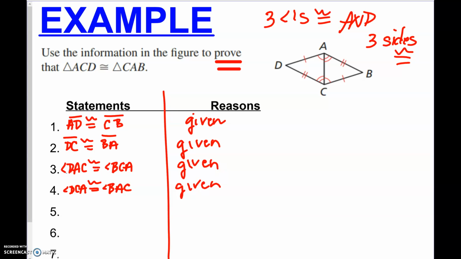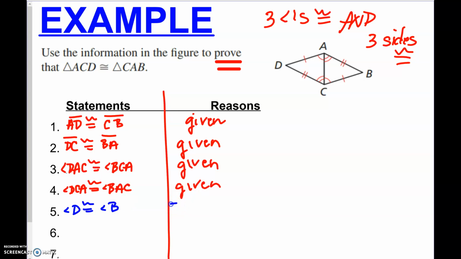All right, is there anything else that this diagram is telling me, because I only have 4 things congruent and I need 6. So is there a theorem we just learned? Is angle D congruent to angle B?